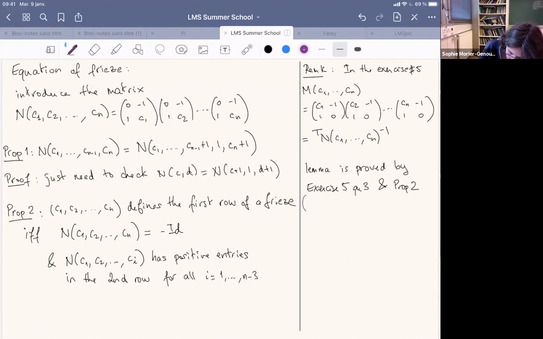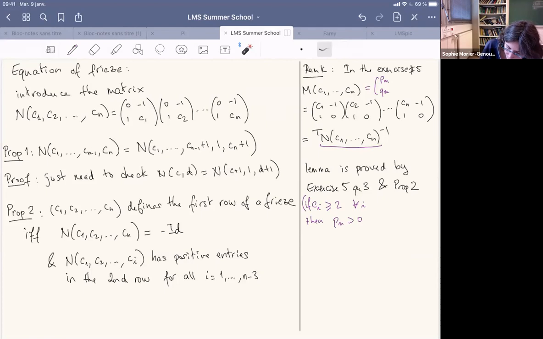Because in exercise 5, what we showed is that if Ci is greater than 2 for all i, then in this matrix, we had entry, let's say Pn, Qn. So it's going to be the same in N. What we proved in this exercise is that if this is like this, then Pn is positive.